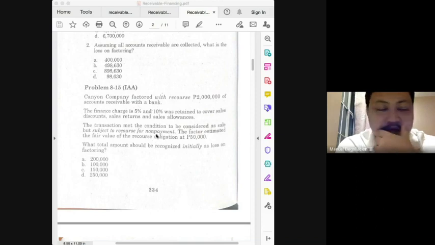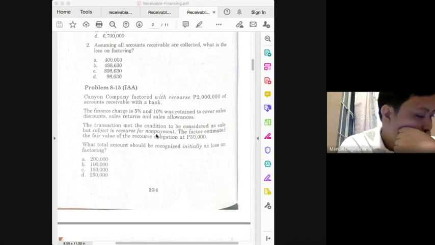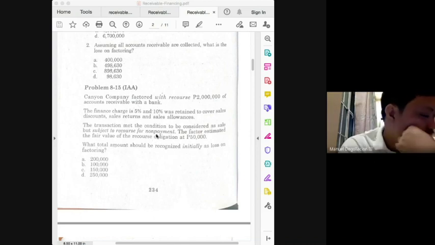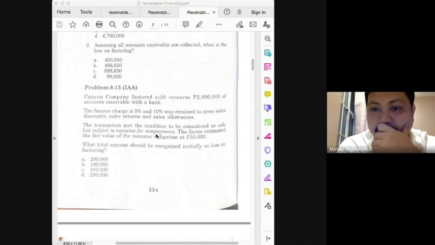Okay, so we have a finance charge of 5%. So 5% of 2 million would be 100,000, and then recourse liability of 50,000. Our total loss on factoring would be 150,000.